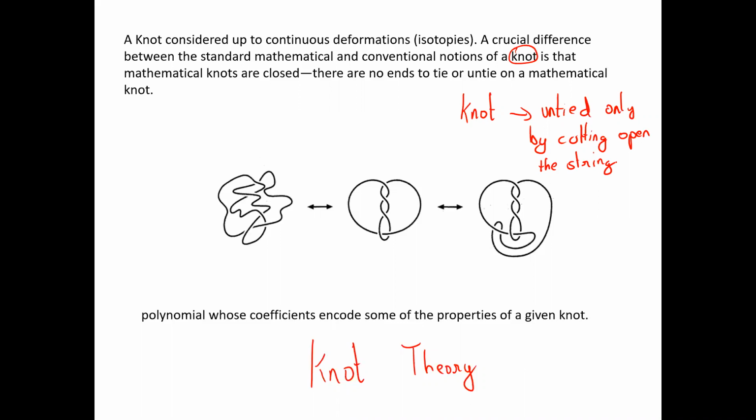Now, a particular quantum state is said to be topologically protected when you have a situation where the continuous deformations that you do, which are called isotopies, leave it unchanged.